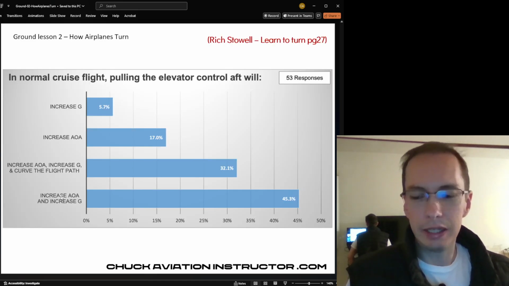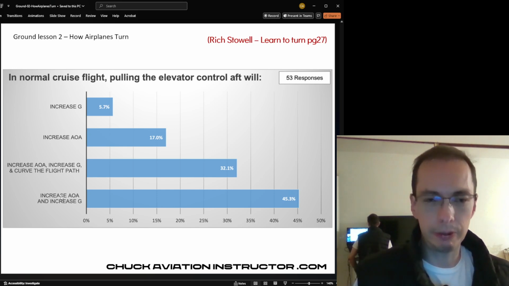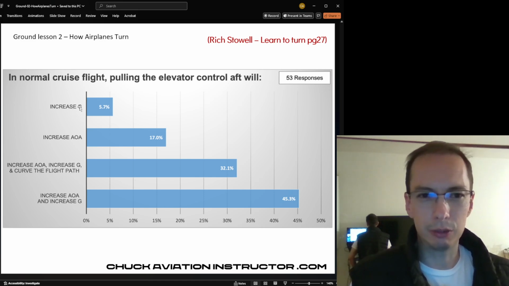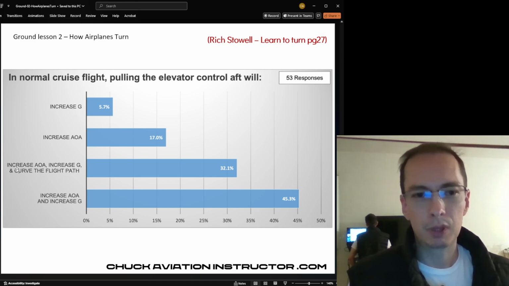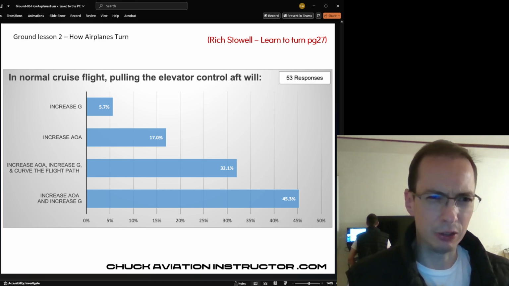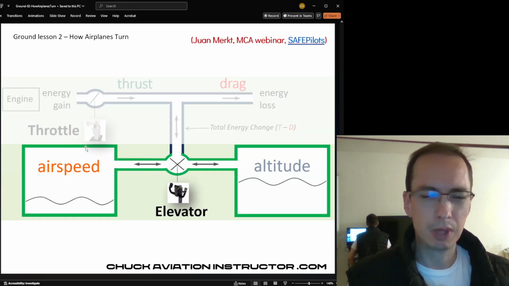Your elevator needs to be handled very carefully, because not only does it increase the gravities, the load factor, the angle of attack when you use it to curve the flight path, but when mismanaged, it can affect your aircraft energy states, let your aircraft become very slow, and trade all your airspeed for altitude if you let it.